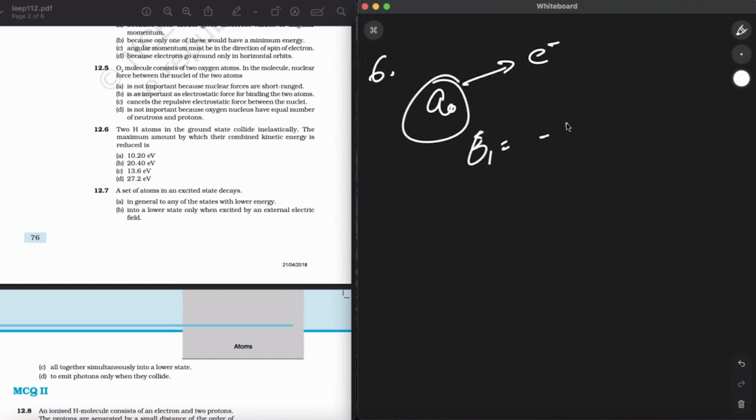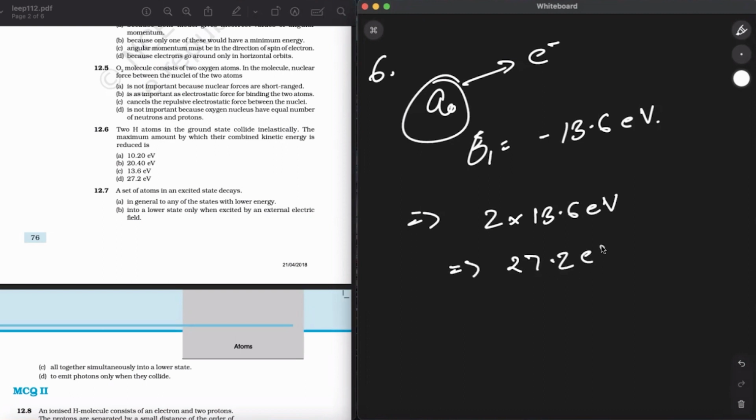E1 is minus 13.6 electron volt. This is the first E1, right? The maximum amount of kinetic energy that can be reduced when one of them goes to the first excited state in inelastic collision will be 2 times 13.6 electron volt, as there are two atoms. In inelastic collision, one of them goes to the first excited state and the maximum kinetic energy is reduced.